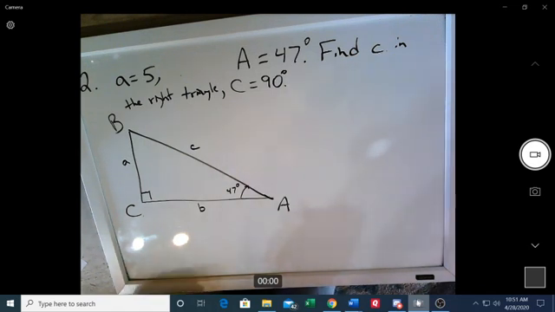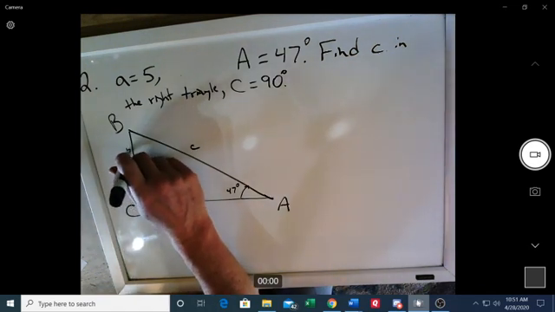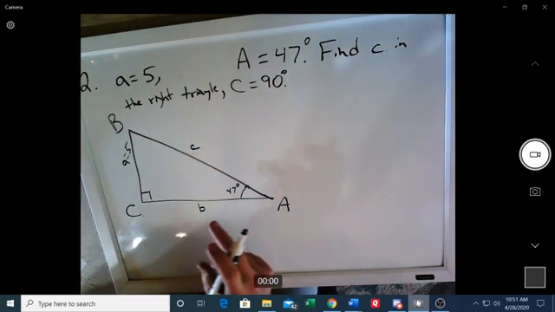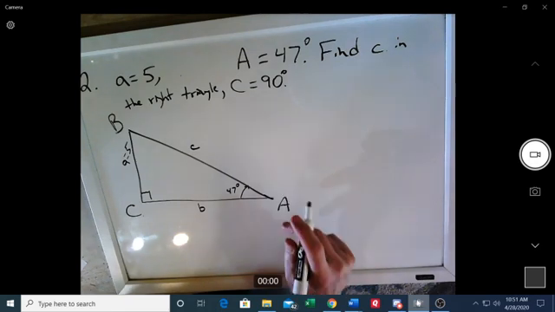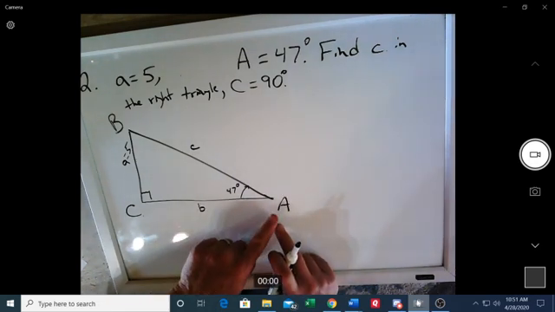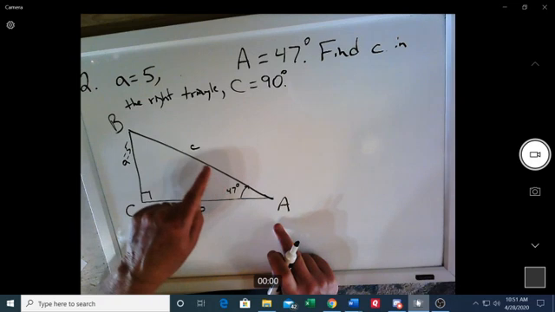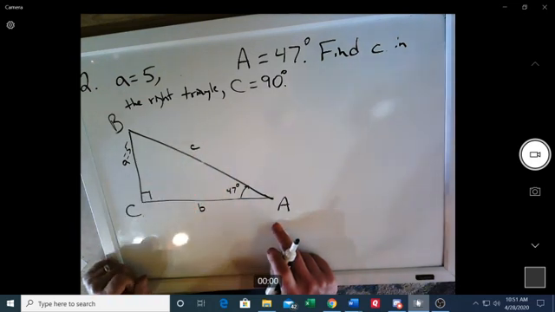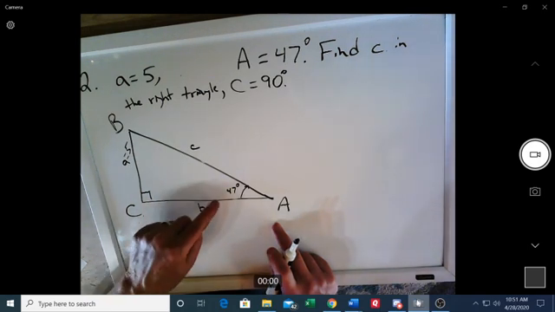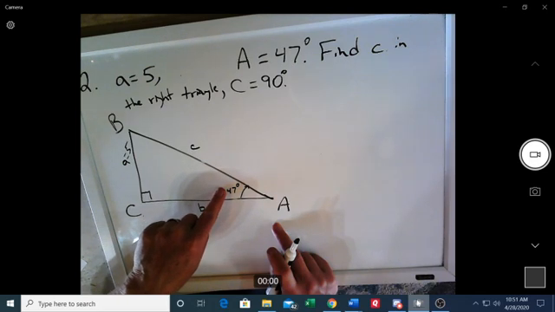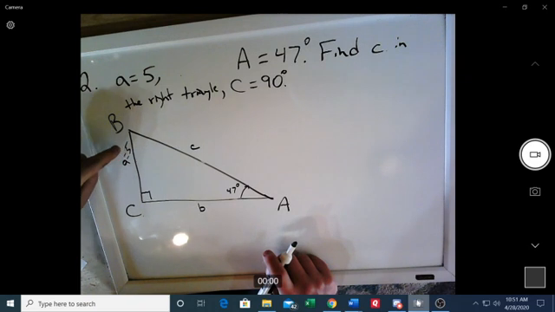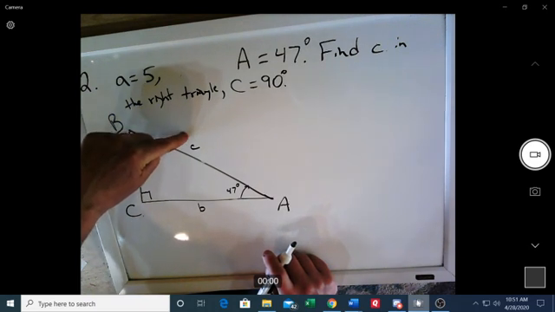Alright, so we know that little a is 5, and we know cap A is 47. How do I get c? I'm going to need some kind of trig function of 47 degrees that uses the one that I know and the one that I'm trying to find.